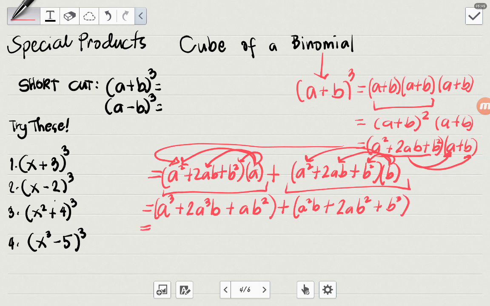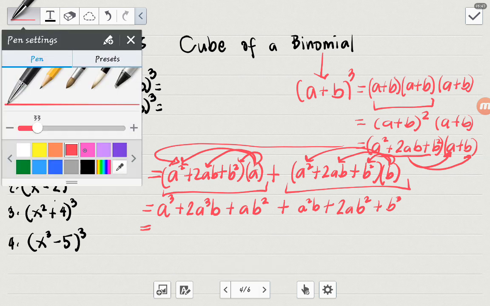We can cancel the parentheses. Pwede natin burahin yan. Since plus naman yung nasa unahan, wala kang gagalawin na any sign sa mga terms natin. So, combine like terms. After natin matanggal yung parentheses, hanapin natin yung mga like terms.